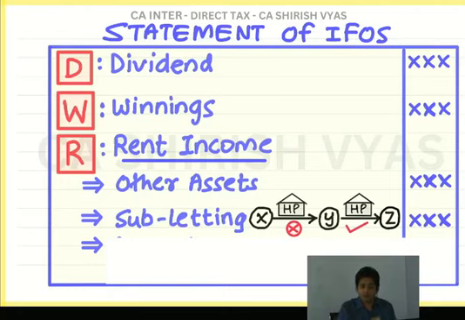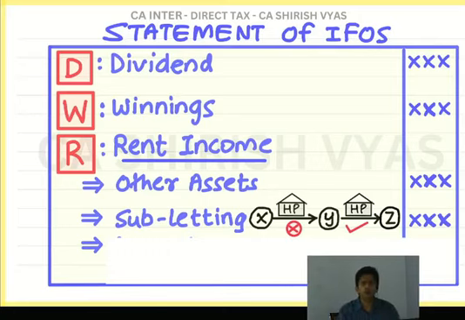But your heart feels, what? There are four walls and a roof, which should ideally go to income from house property. But I don't have the breakup, because along with those four walls and a roof, there is machine and furniture inside. So in such a helpless situation, you put everything in income from other sources.